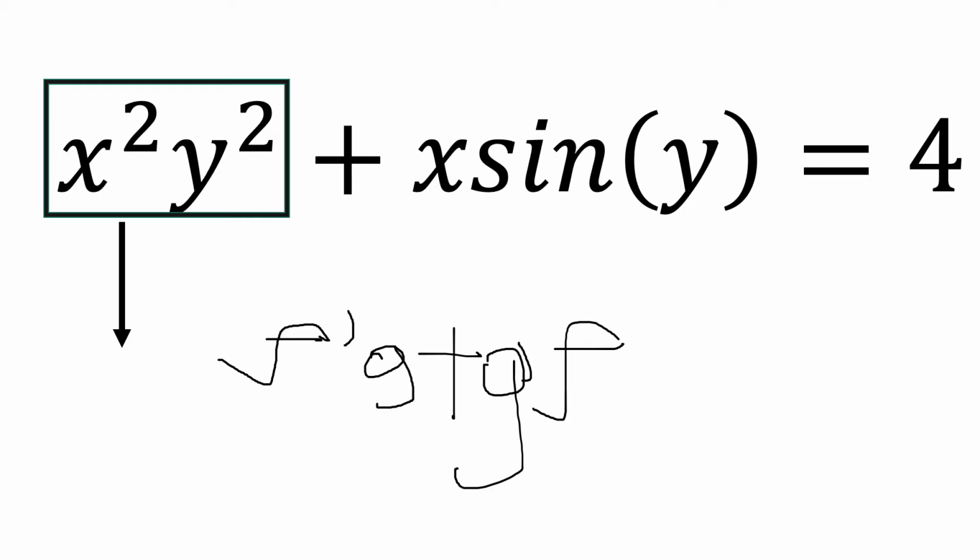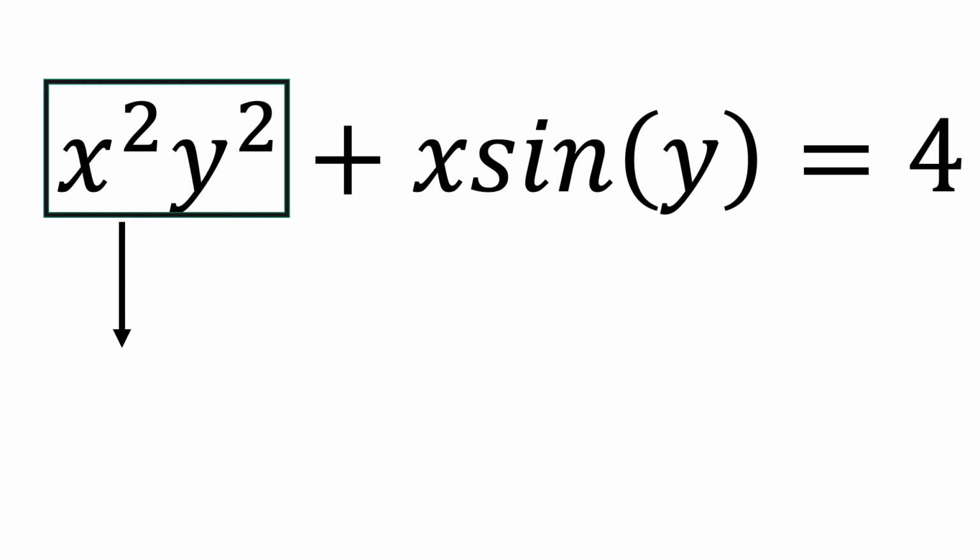The derivative of x squared is 2x, and we can have y squared, plus x squared times y squared prime, which we don't know, so let's add a question mark.